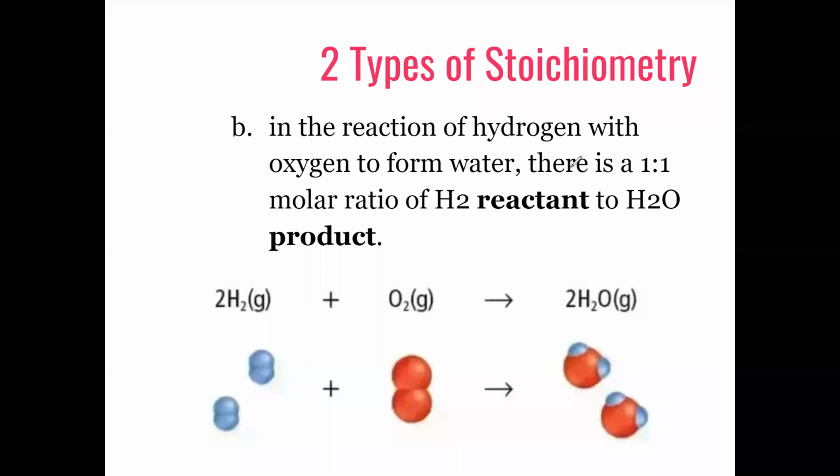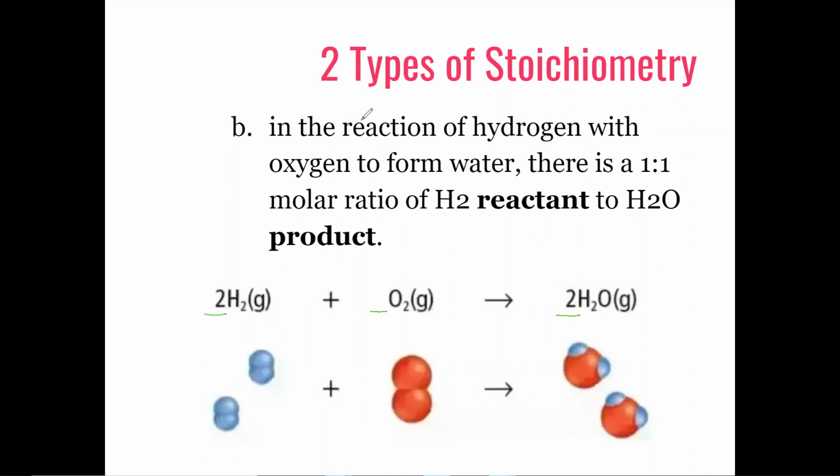In that particular reaction, we have hydrogen and oxygen gas that are going to react together and form water. But when we balance that equation, we had to put coefficients in front of hydrogen and in front of water. So in front of every single reactant and every single product, there is going to be a number.